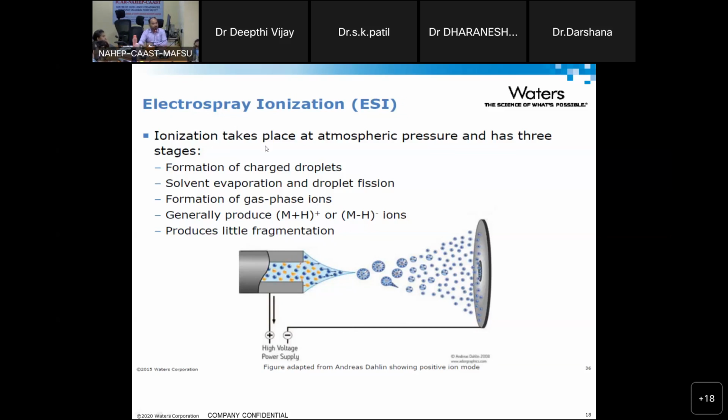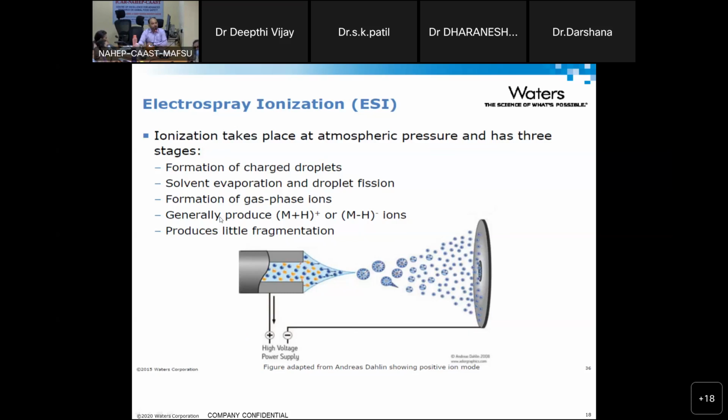The ionization takes place at the atmospheric region, and it has three different stages. The first is formation of charged droplets. As you can see here in this diagram, a high voltage power supply, or the high capillary voltage, is applied at the tip of the electrospray capillary to form the ions.